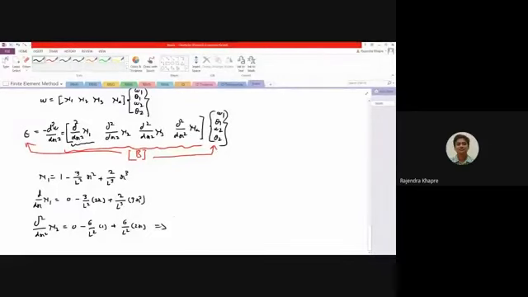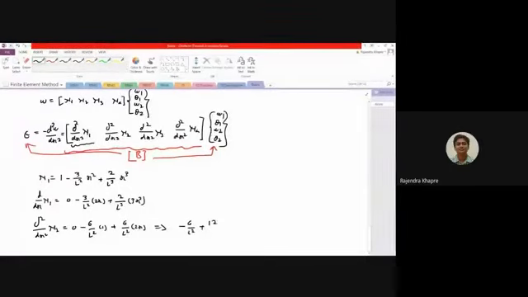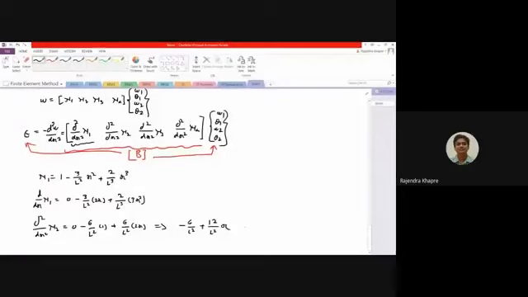So finally, this is minus 6 upon L square plus 12 upon L cube into x. Sorry, L cube, my mistake.